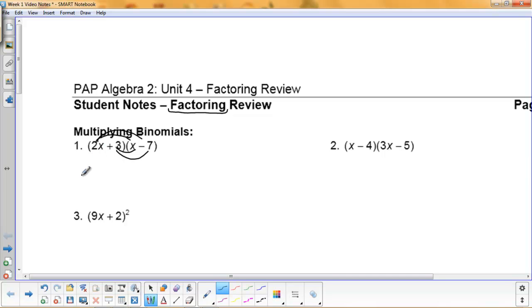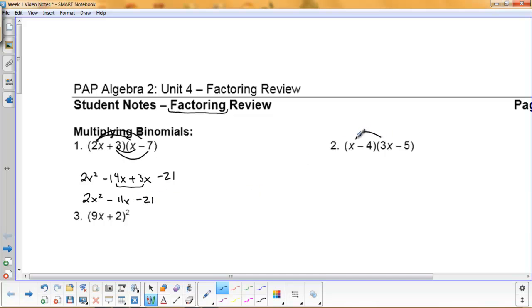So 2x times x is 2x squared. 2x times negative 7 is negative 14x, 3x, and negative 21. We're going to combine the like terms, which will always be the two middle terms, and it's going to be 2x squared minus 11x minus 21.